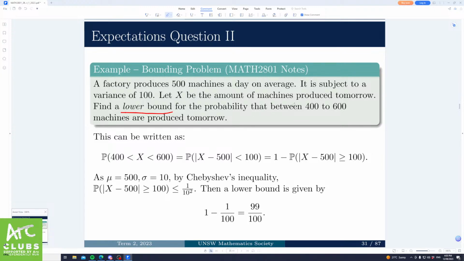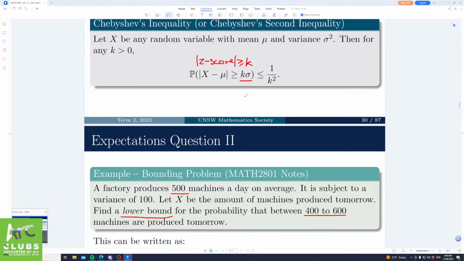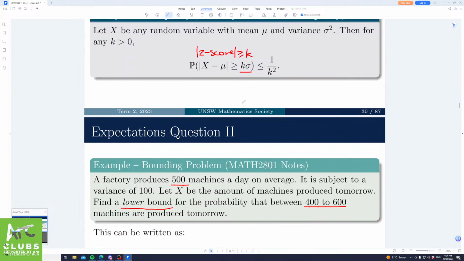Because we want to find the probability that it's between 400 to 600 and the mean is 500, we can think about it as finding the probability that your distance from 500 is less than 100. That's pretty much saying that your random variable has to be between 400 to 600. So we're trying to find this probability, and it looks awfully familiar to Chebyshev's second inequality, which hopefully you will have memorized for the final.